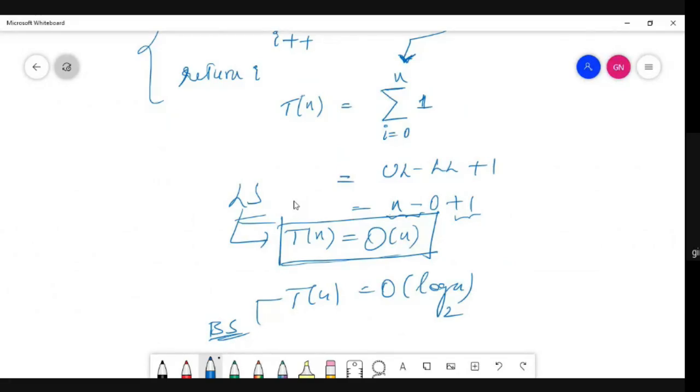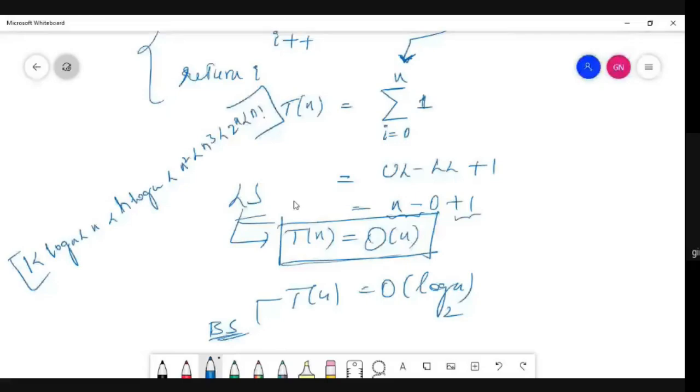Yesterday I showed you, when I was explaining, that 1 is less than log n, log n is less than n, then n log n, n squared, and so on. If you know this, surely we can tell that the algorithm they have given takes less time.